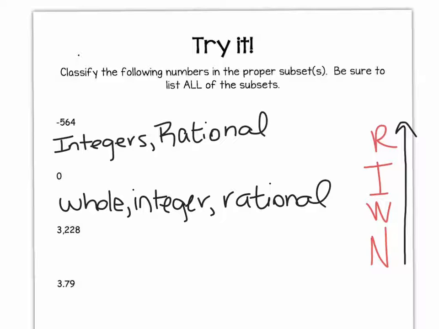All right, so let's look at the next one. This next one is 3,228. I want you to look at your notes, flip back to that last page if you need to, or rewind a little bit if you need to, and think about where would this number fall?